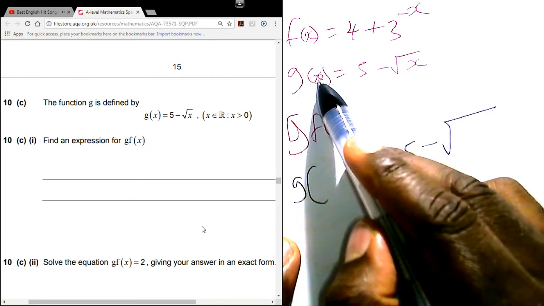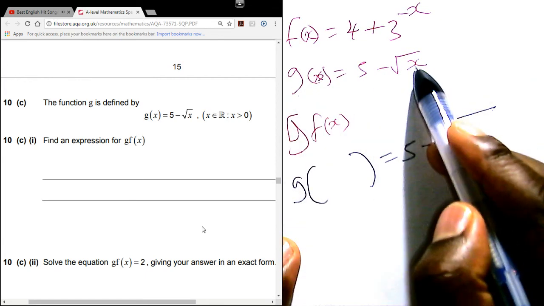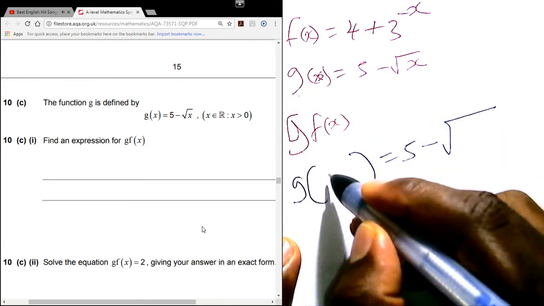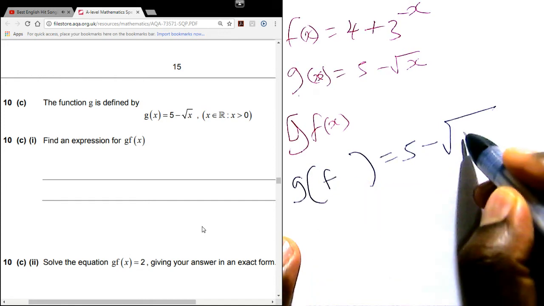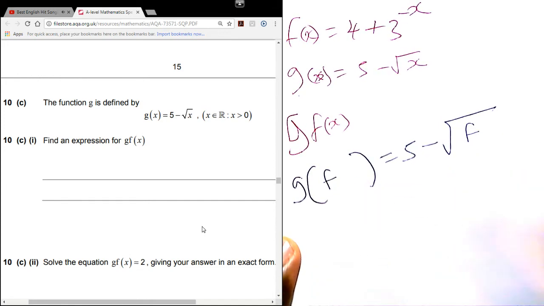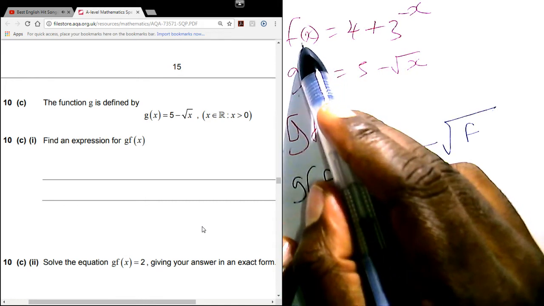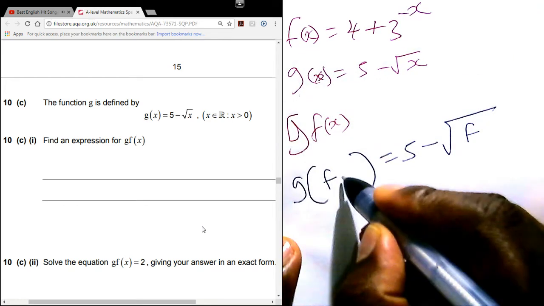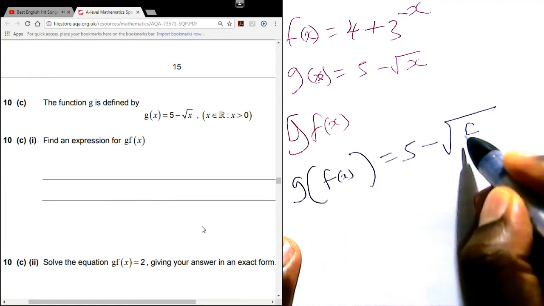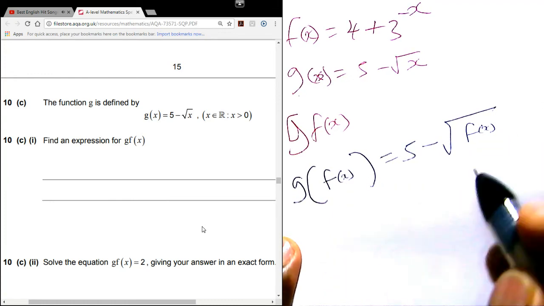Usually g is meant to swallow an x and do the square root of that x, but now it's going to swallow the f, so it's going to be square root of the f. But f is not on its own. F had already swallowed x.